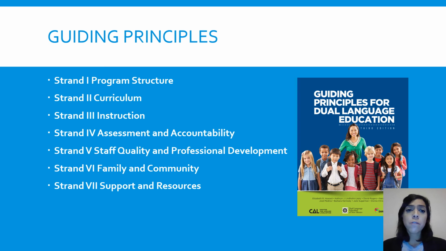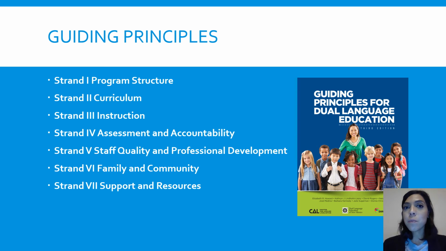If we think about strand 5, I think this is one of the main ones. Without professional development, sometimes we get lost and we don't know what to do. And just having that quality PD, it's very important for us and in our classrooms, of course.